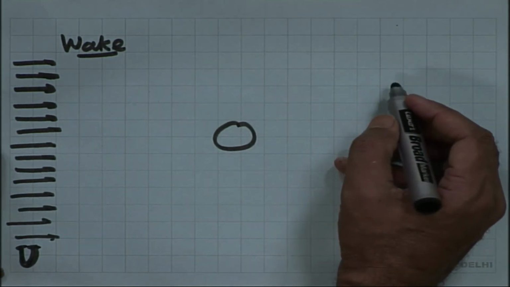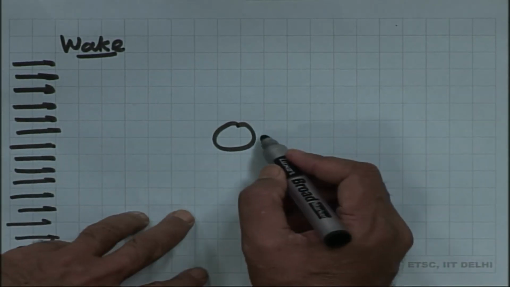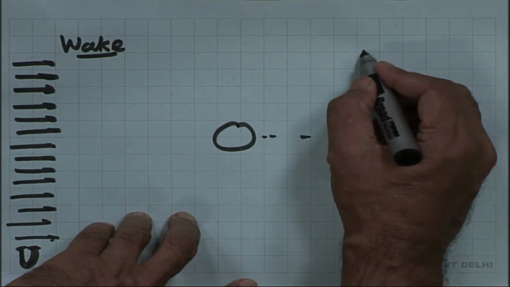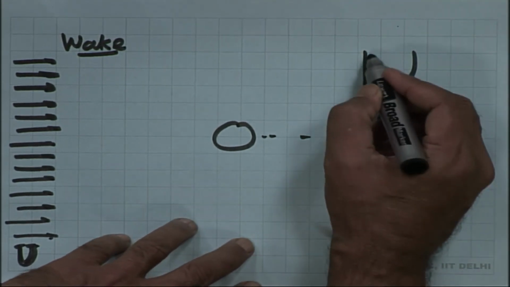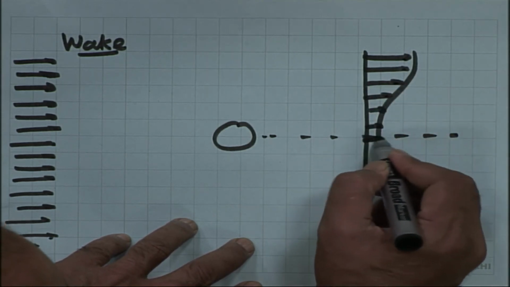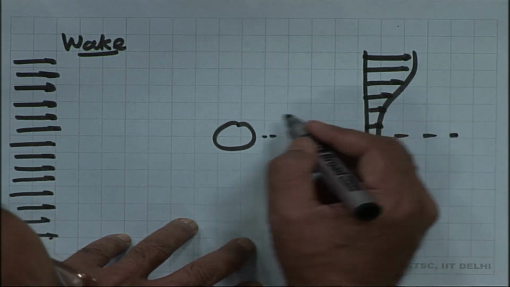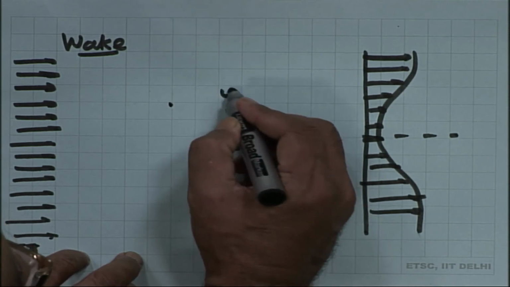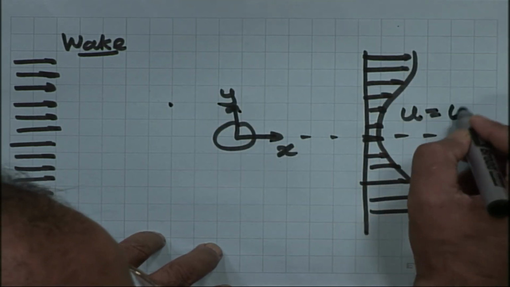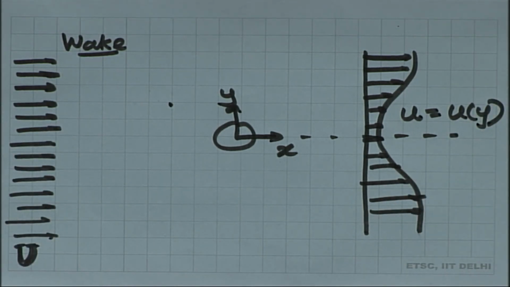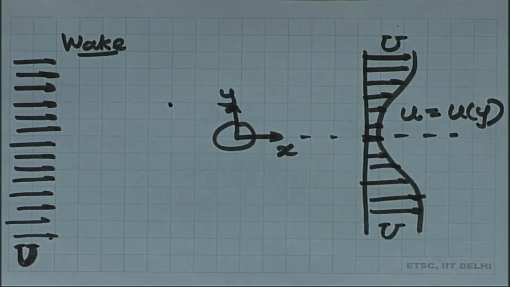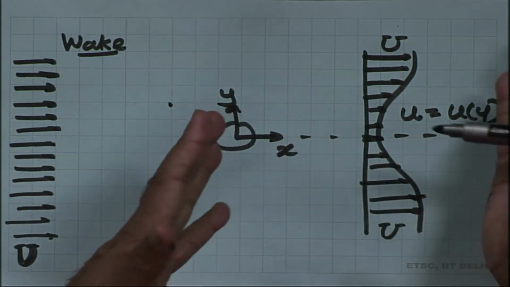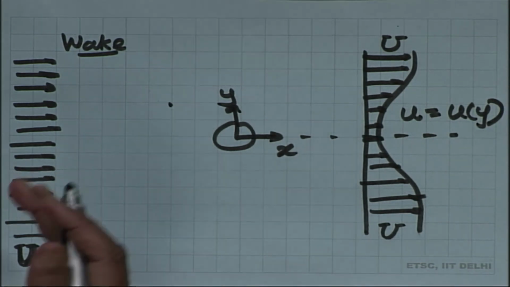Now, what is observed is, if I go far below this cylinder and observe the velocity profile, with x and y axes, the velocity u or Vx is a function of y, and the velocity just behind the cylinder far away is less than capital U, and after some distance it becomes equal to capital U. This region where the velocity deficit is there is called the wake behind a moving body.